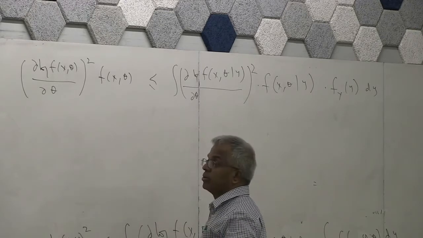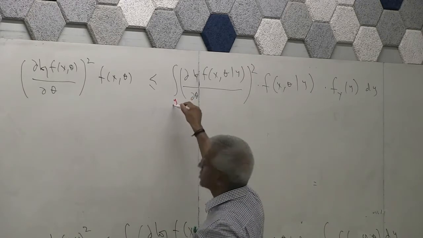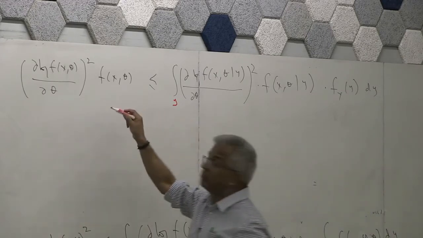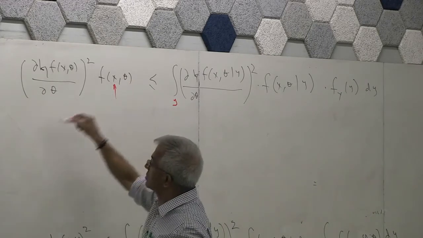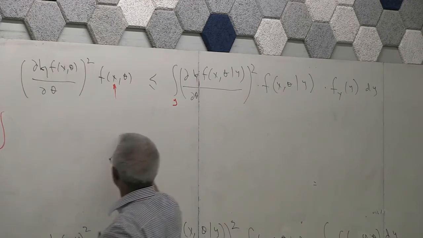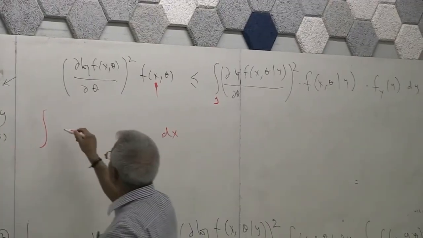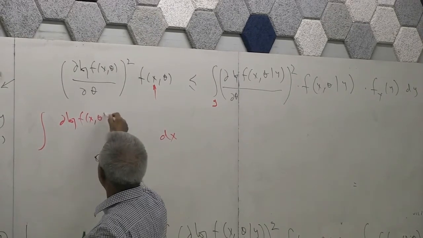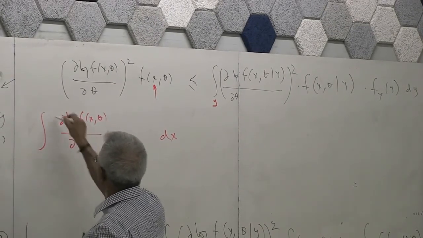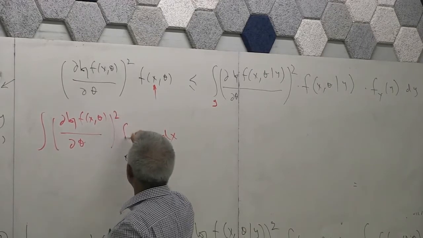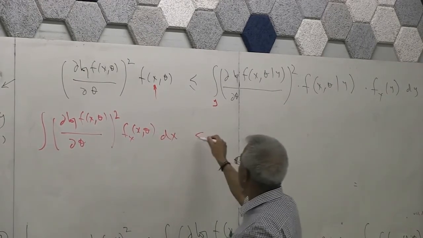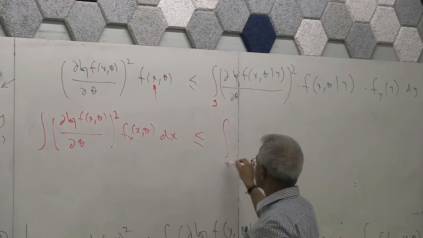Now what I'm going to do is, remember this integral is with respect to y, right? Because look here, this integral. There is one more random variable, x, on both the sides. So I'm going to integrate with respect to dx. So this reads now d log f of x comma theta d theta squared multiplied by f of x theta is less than or equal to integral with respect to x.